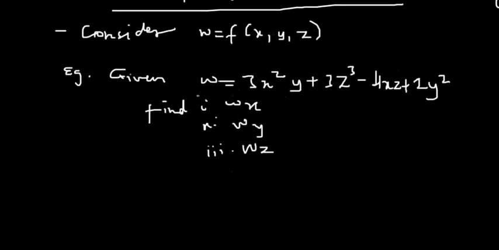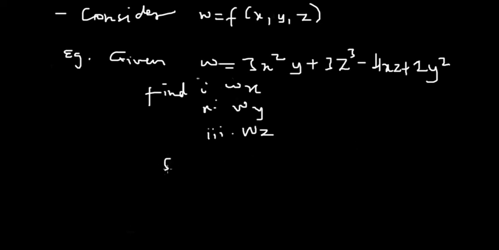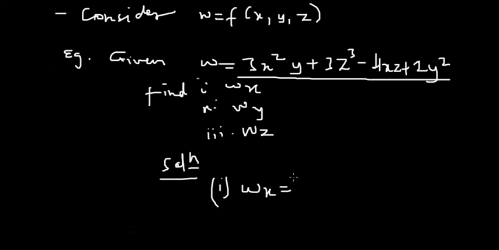So let's try to solve it. Let's take the partial derivative for each of these questions. Let's say the first one. So we are taking the partial derivative of this entire function, but with respect to only x.